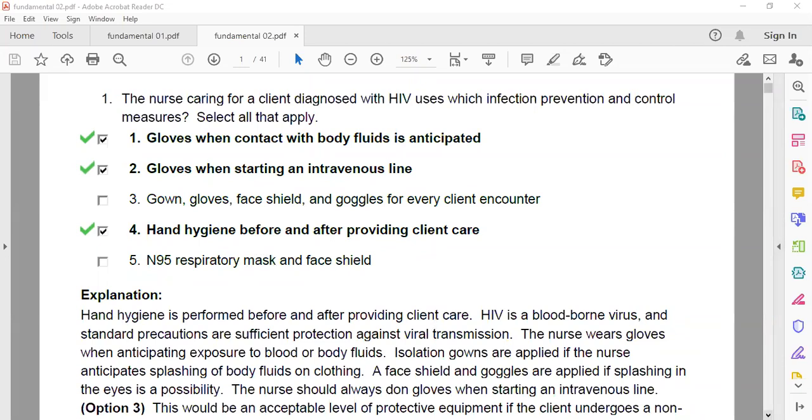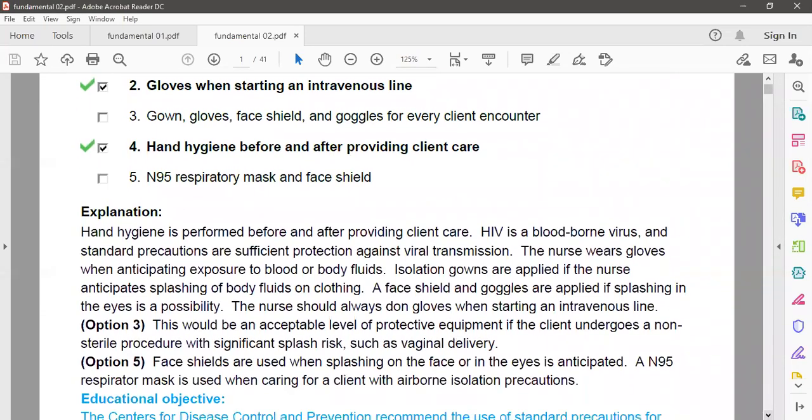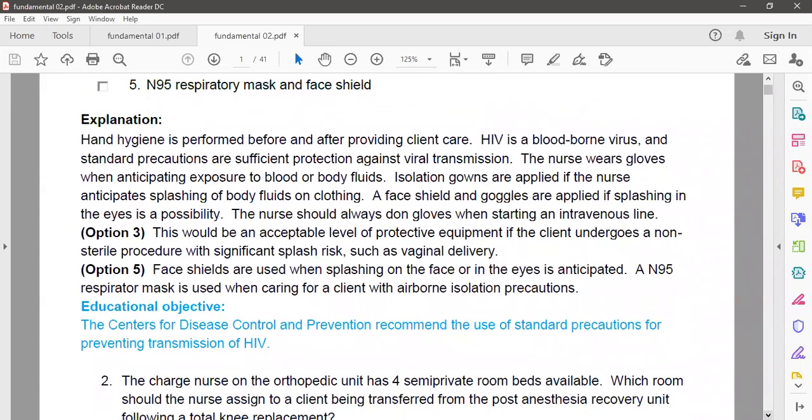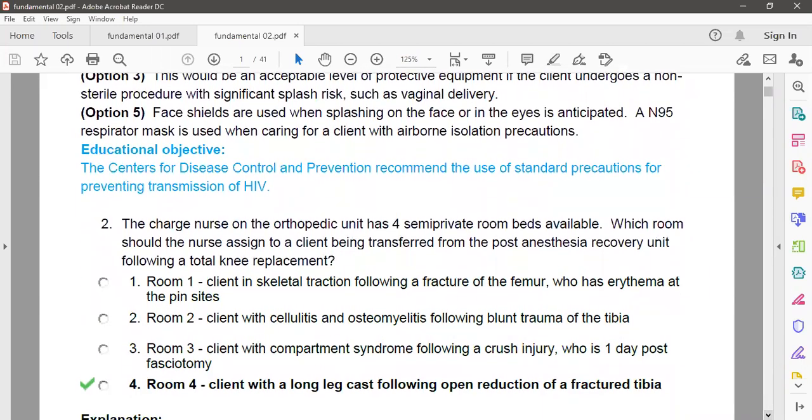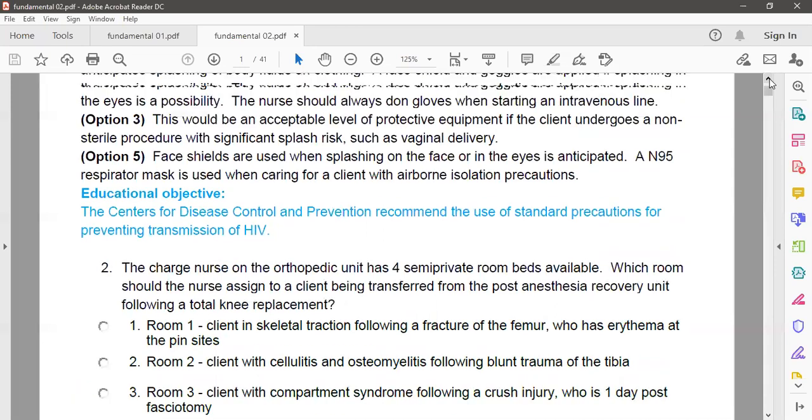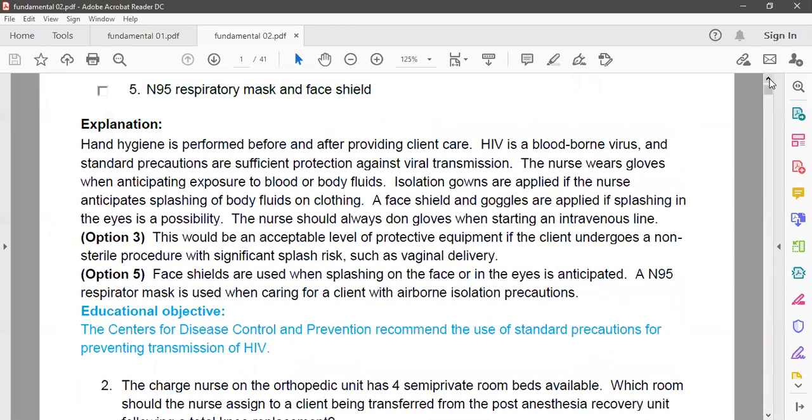So let me read this explanation, the educational objective, what we have to know. The Centers for Disease Control and Prevention recommend the use of standard precautions for preventing the transmission of HIV. I think this is more than enough for one question.